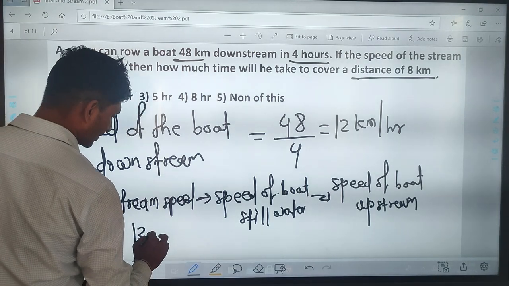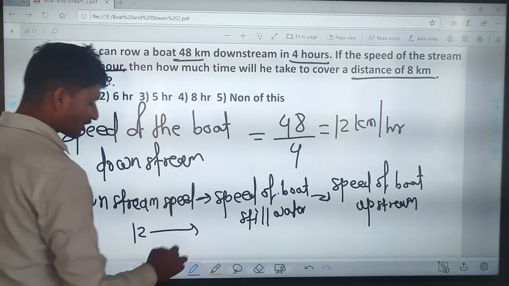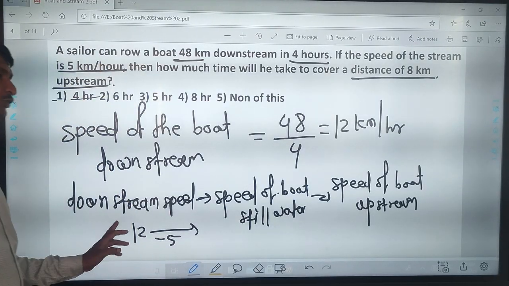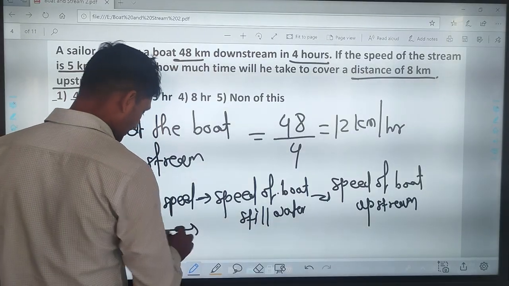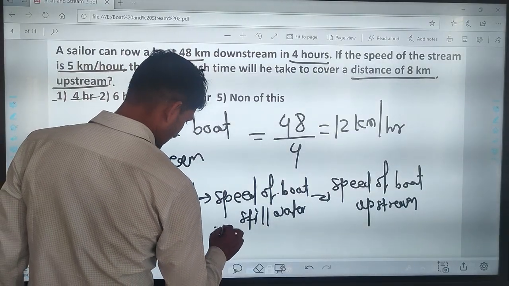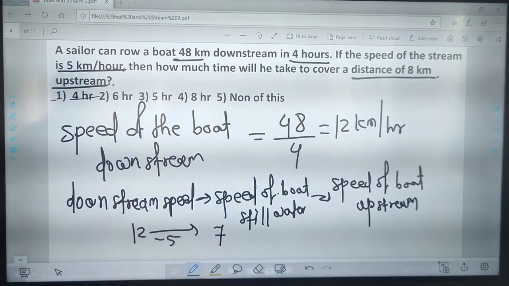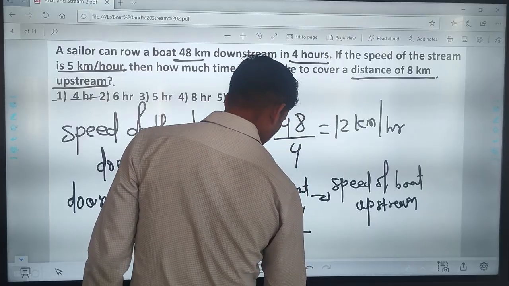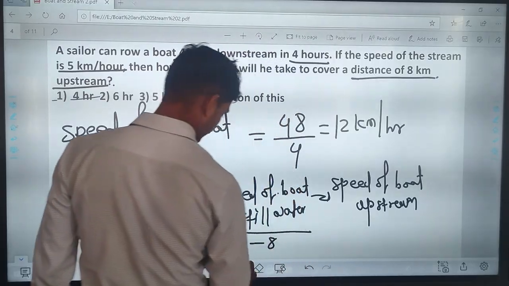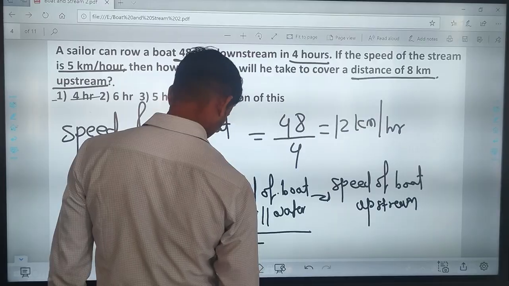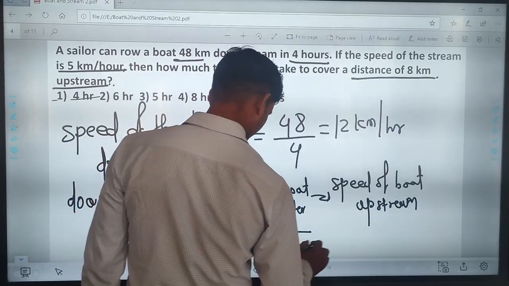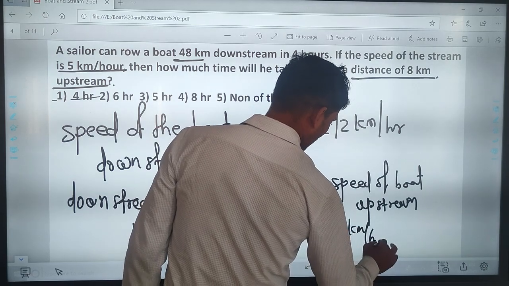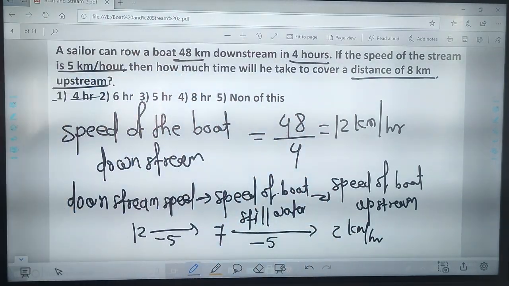Then the speed of the boat in still water is 12 minus 5, which is 7. Then the speed of the boat upstream is 7 minus 5, which is 2 km per hour. Upstream is 2 km per hour.